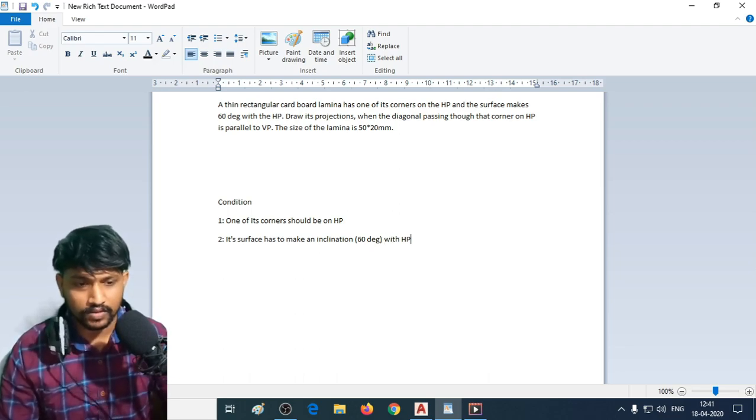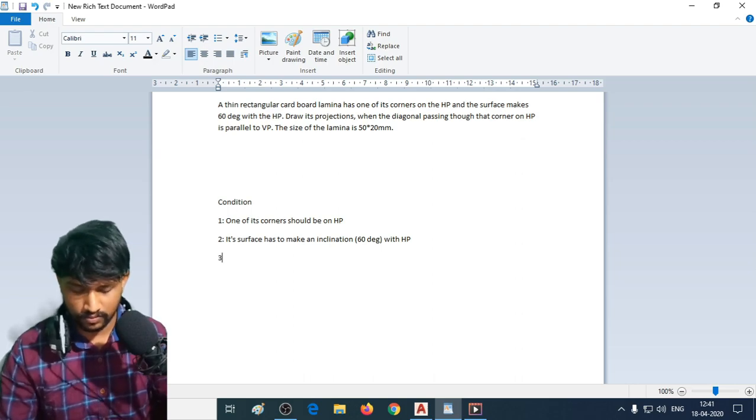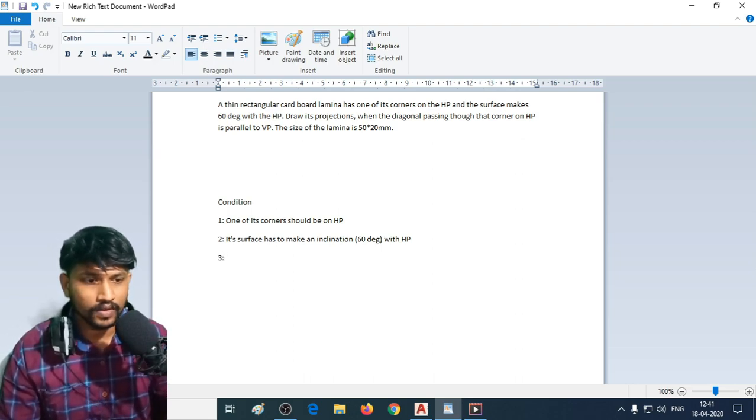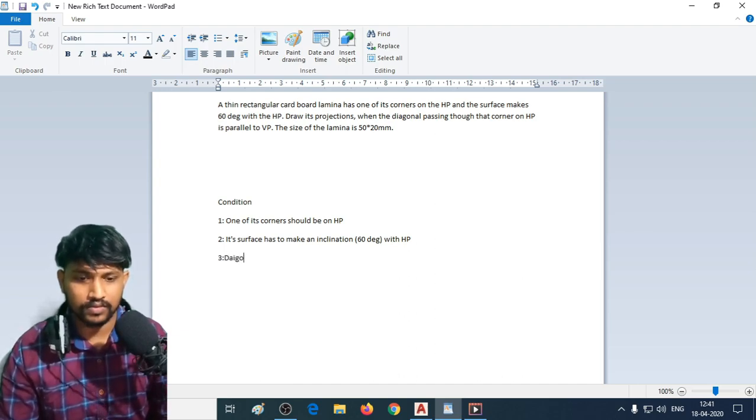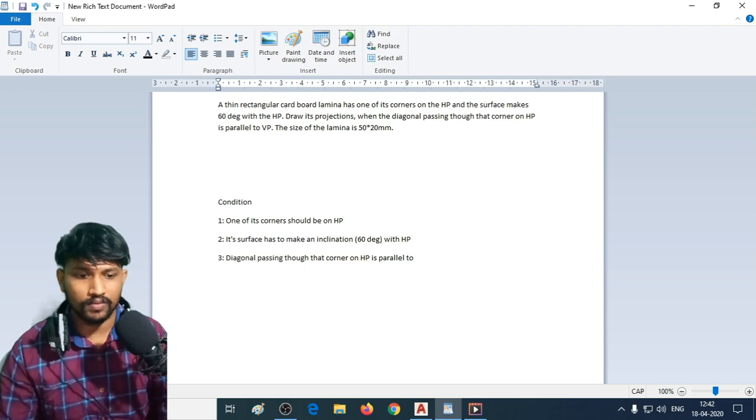The third one is the diagonal passing through the corner on HP is parallel to VP.